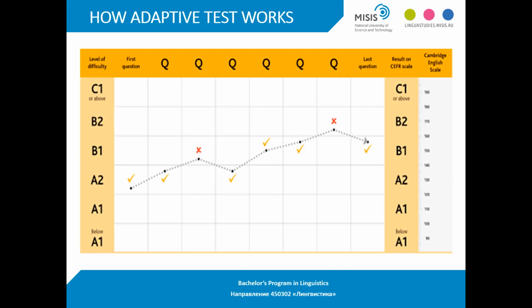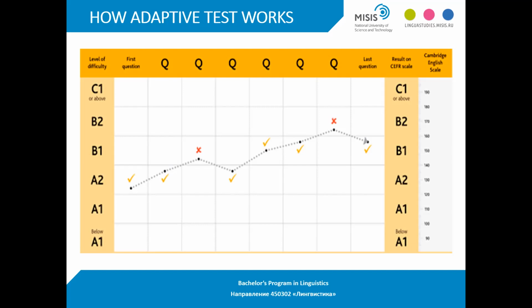You just go through the range of B1 level tasks, and that's all. But if you need to get a result or a certificate in some cases, but you do not really know what level you are, then computer adaptive testing is something that will be very fit for the purpose.